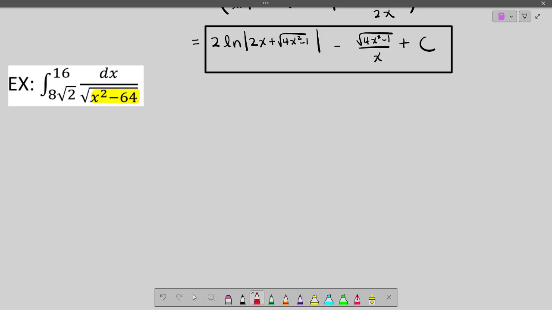If there was an x up in this numerator, then regular substitution would work fine, because the derivative of x squared is 2x, and there's an x there. But there isn't that convenience, so trig sub, usually for a sum or difference of squares.